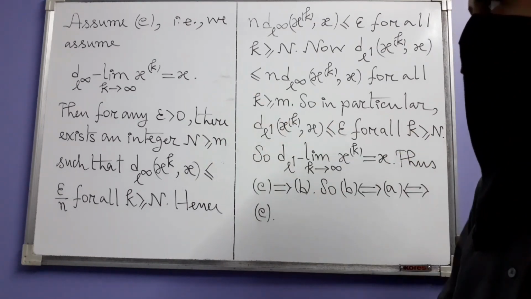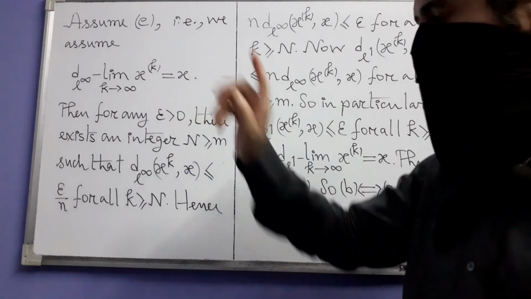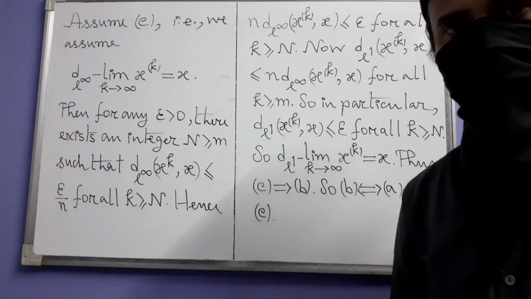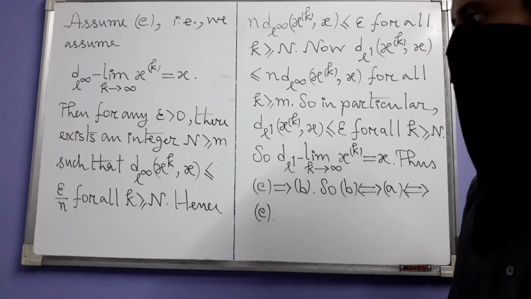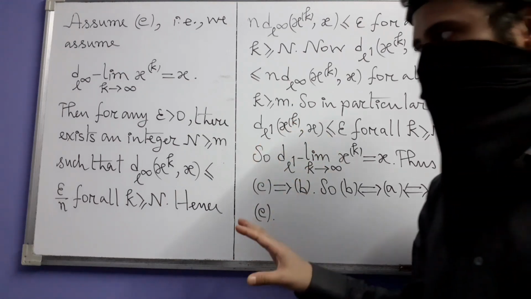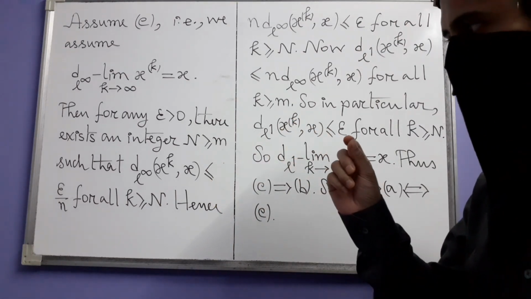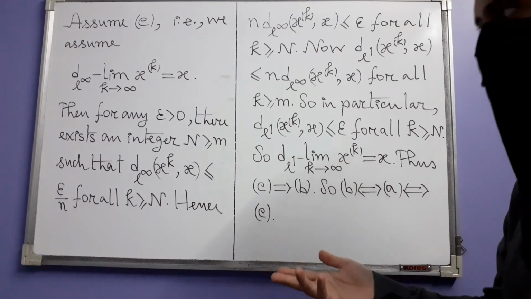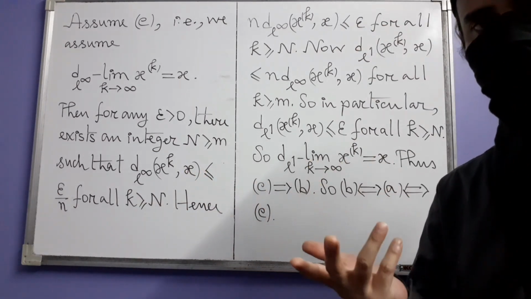So we assume C, that is, we assume that our sequence xk converges to x with respect to the metric dl infinity, the sup norm metric. This, however, I am making a part of the solution because there is a little, I won't say twist, but the epsilon value has to be chosen a little carefully.